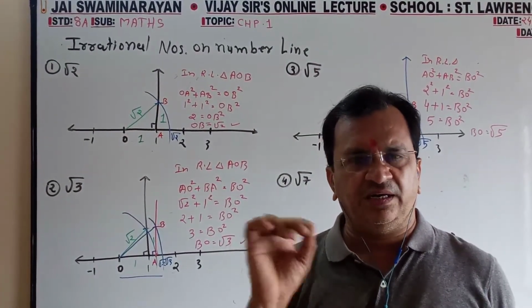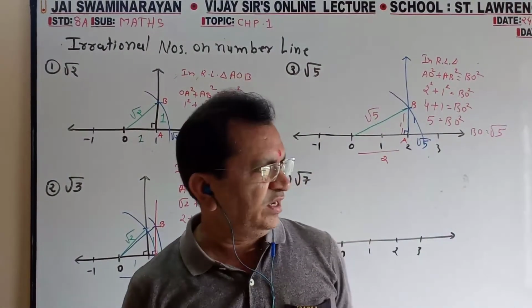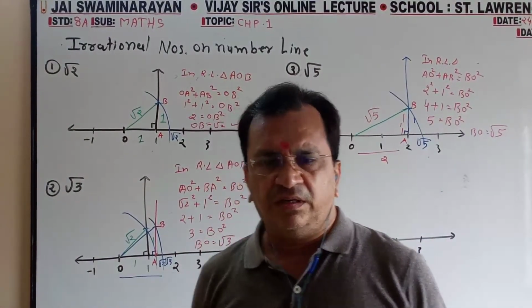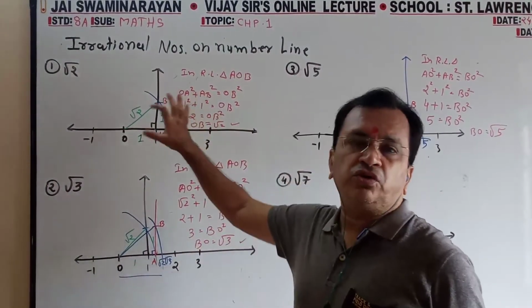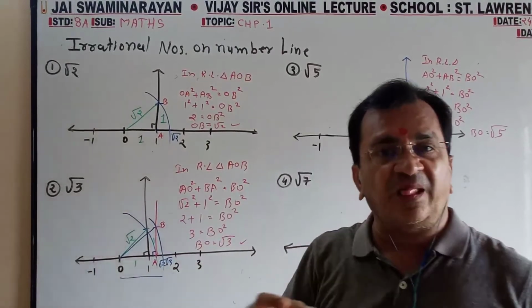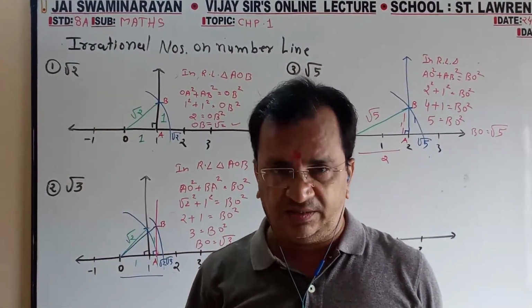Sometimes you have to wait around 10 seconds because sometimes the frequency varies, so it takes time to become constant. For root 3 you have to draw root 2, then continue like that for root 5, root 6, then root 7.